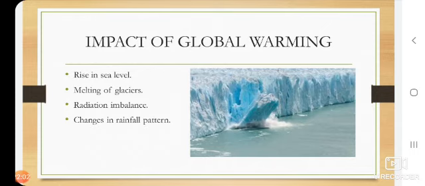Children, as the textbook data says, the global mean temperature increased by approximately 0.6 degrees in the 20th century. As we move further, the average temperature of the earth may increase by 1.4 to 5.8 degrees Celsius by the year 2100.